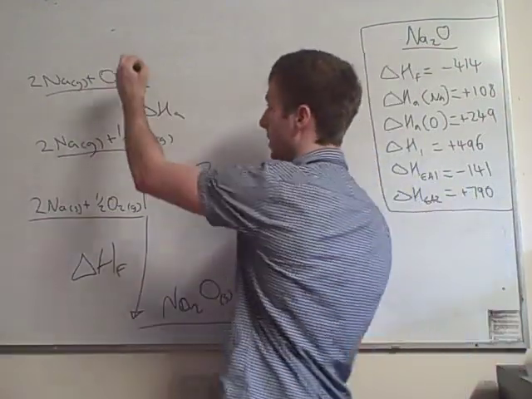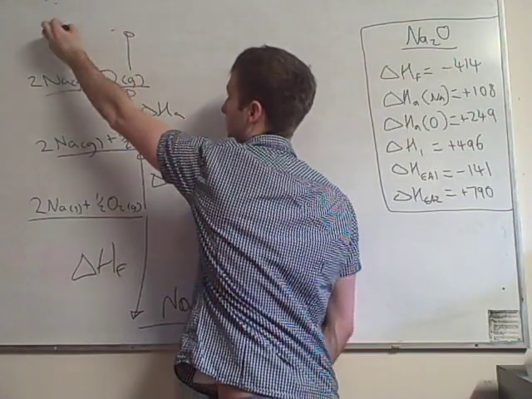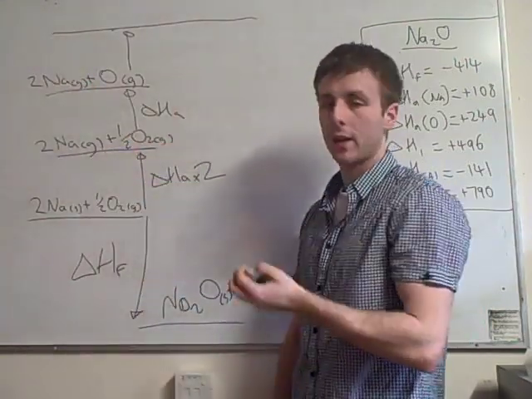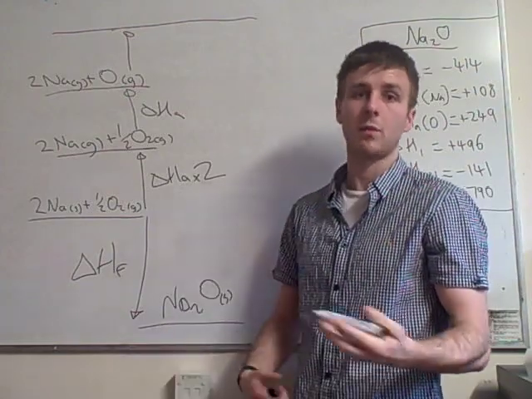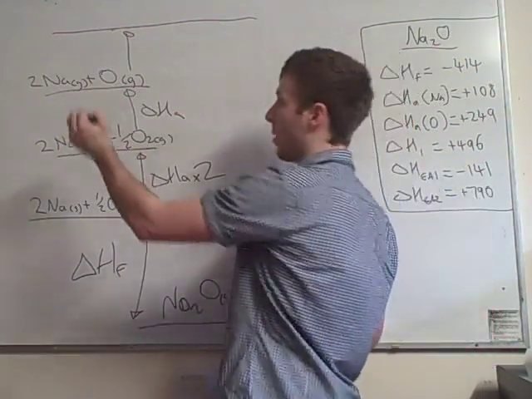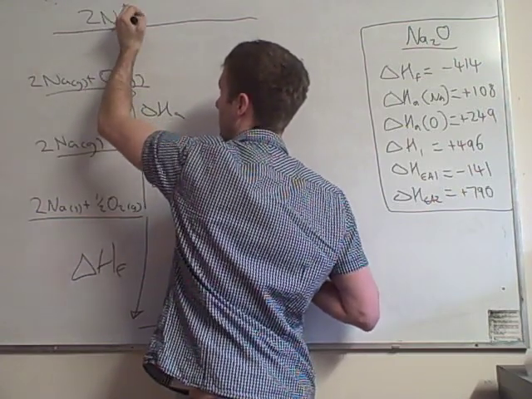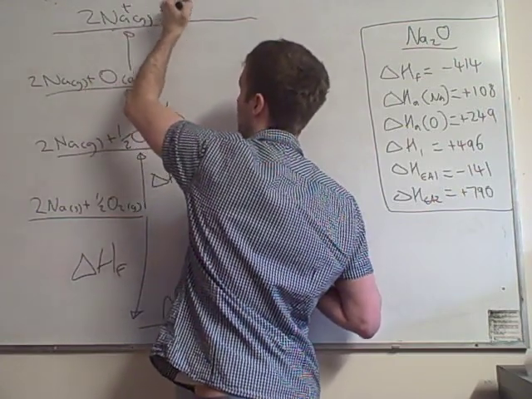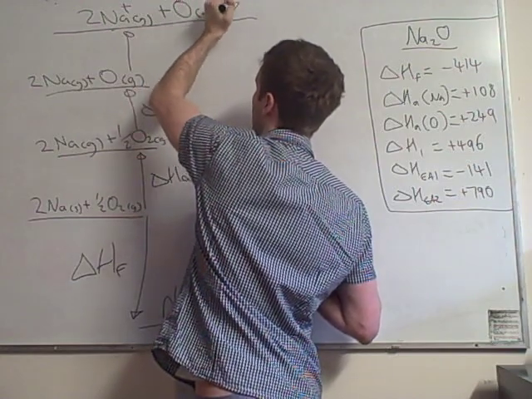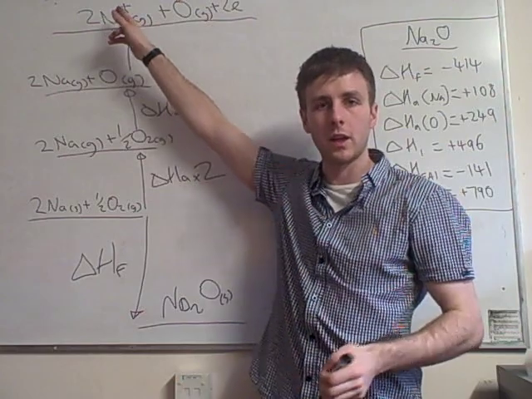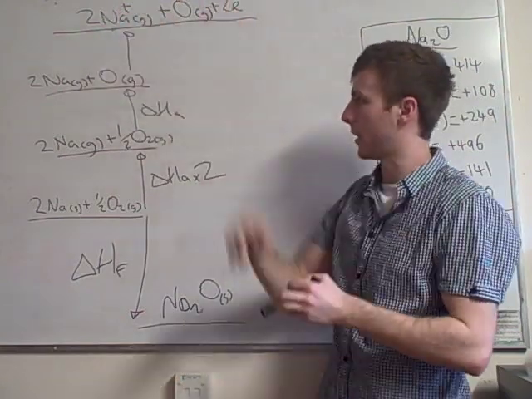Just like in my last video, I then need to ionize my metal, and again, sodium only gets a 1+ charge. If this was magnesium, I'd need to ionize it twice, aluminium 3 times, and so on. So I'm going to ionize this into 2Na+, which is a gas, plus my O, and then I'm going to get 2 electrons given off, because each sodium releases an electron, and there's 2 sodiums, so 2 electrons.